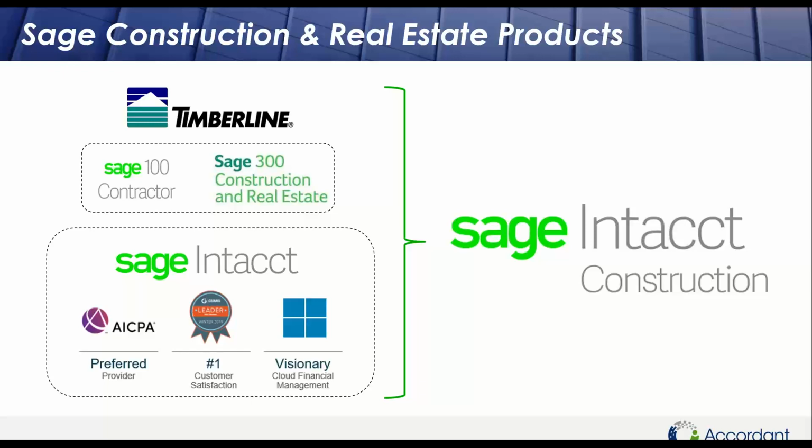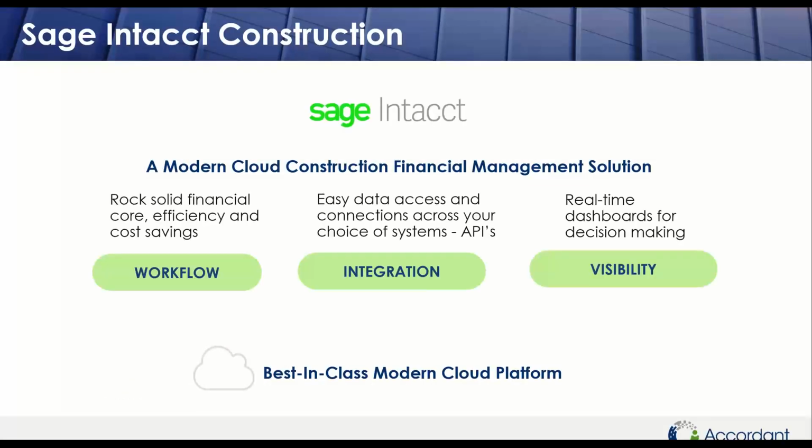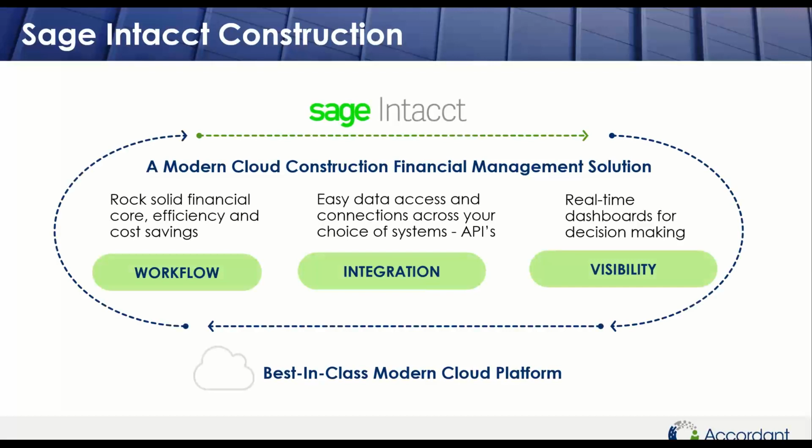Sage Intacct Construction provides improved workflows with a rock solid core financial, and we're going to spend some time specifically on that. It's a best-in-class financial management solution now for construction. It was built from the ground up to integrate with best-in-class solutions. An example would be, let's say, Procore.